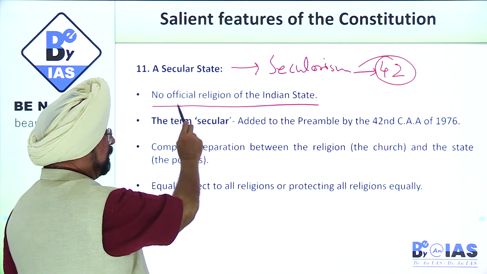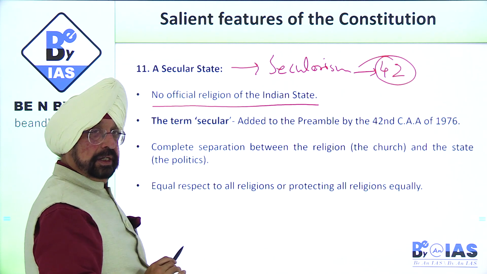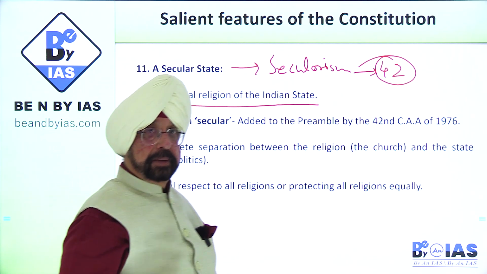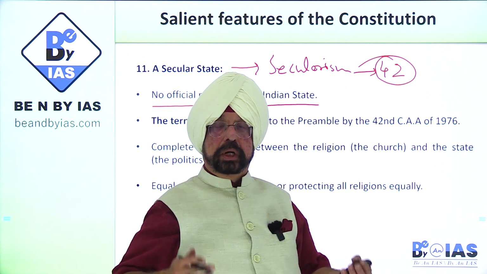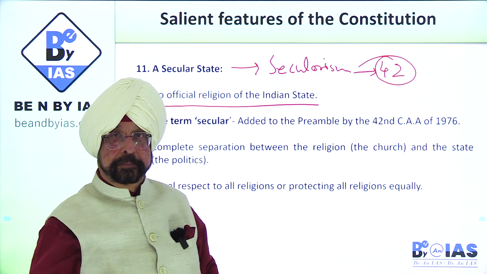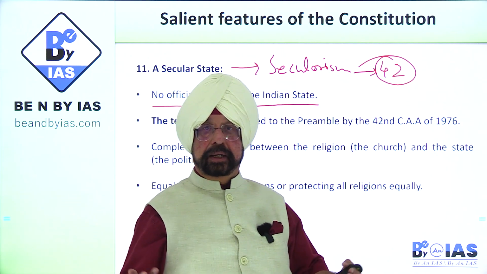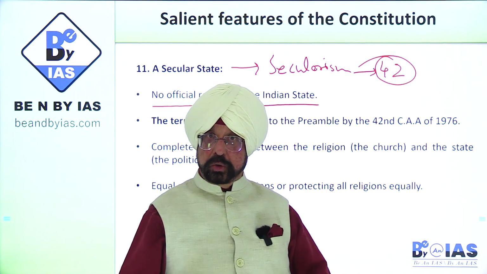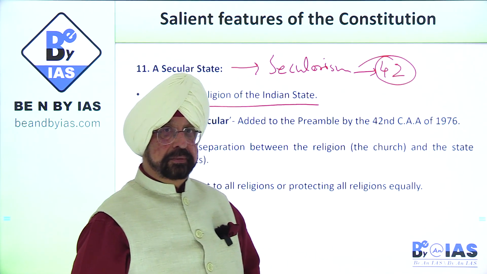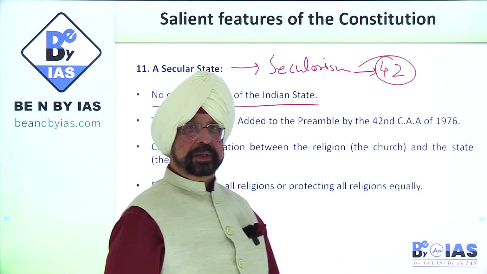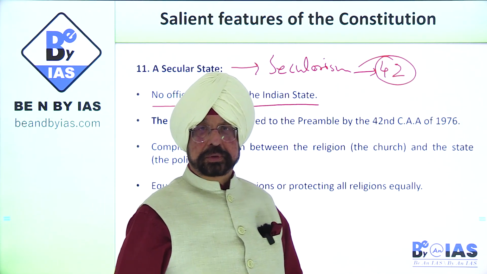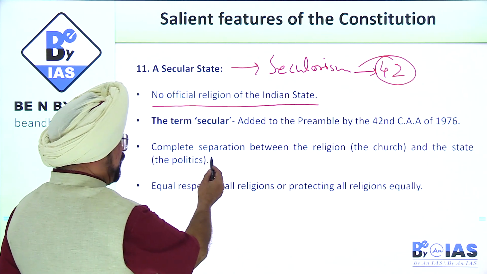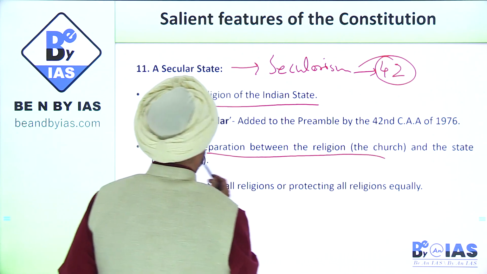The secular state has no official religion, and everybody is free, has a fundamental right, either to profess or to propagate a religion of his choice. And that also includes that even if you don't want to propagate or profess any religion, it is up to you. It's your fundamental right. So there is a complete separation between religion and the state.